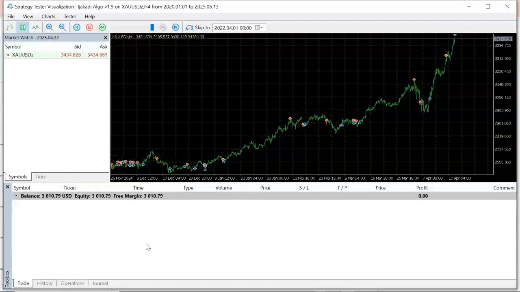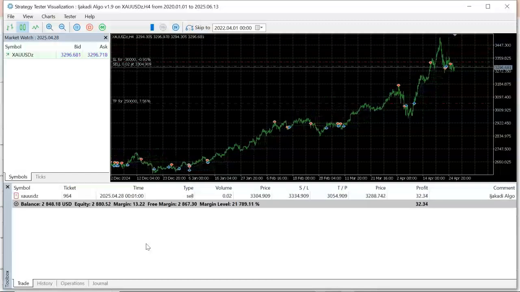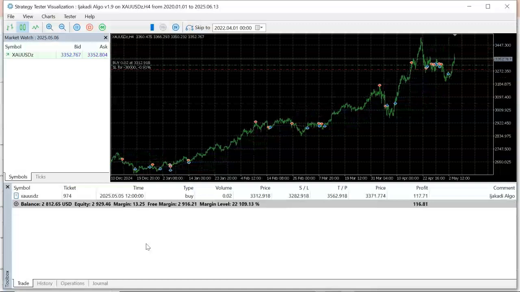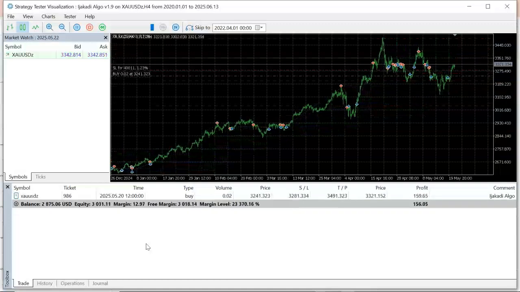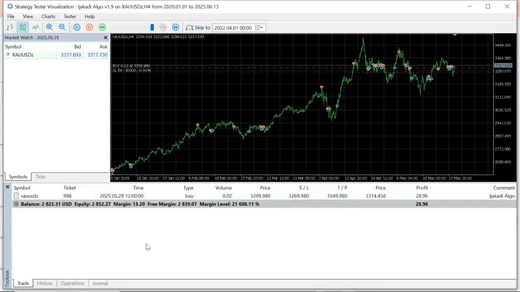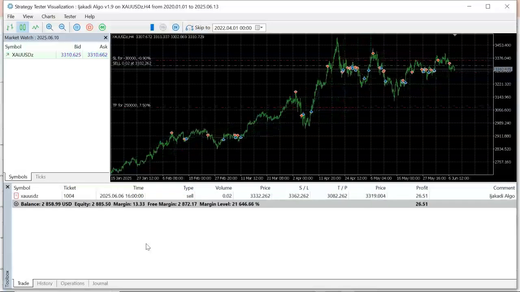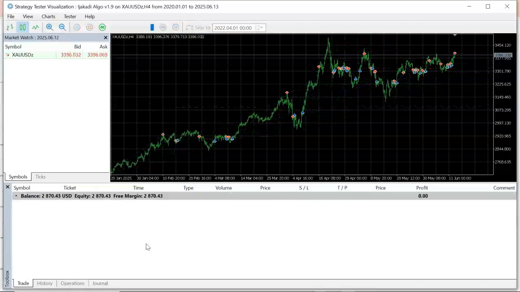Let's see how far it can go from here. Now it's 3000. Okay, it's back to 2008, 2009. It's still trying to do what it knows how to do best. Eventually, it pulled that account from 500 to 2800.